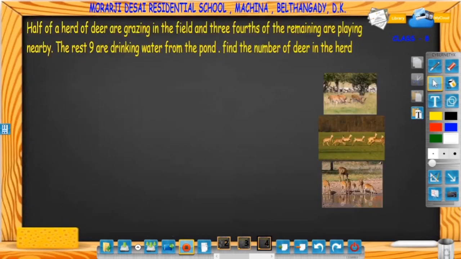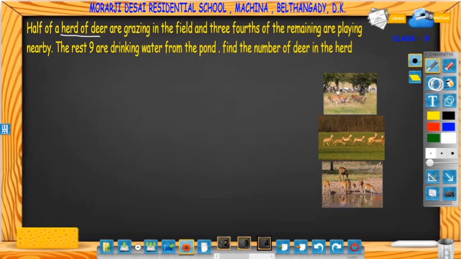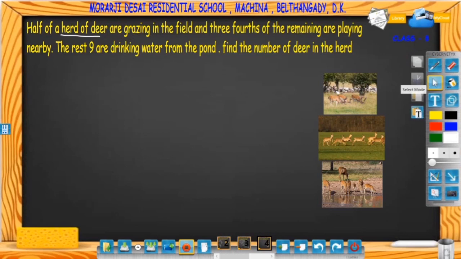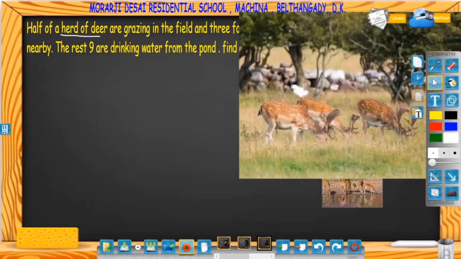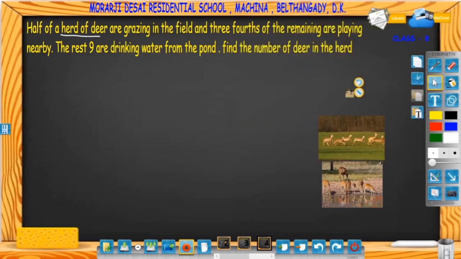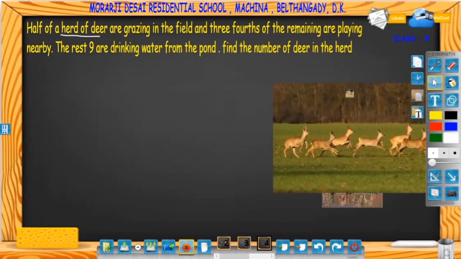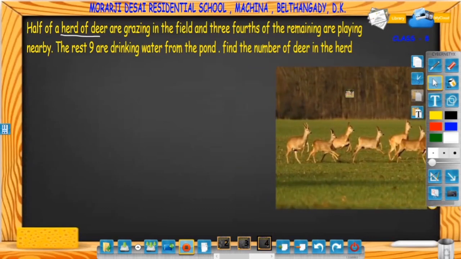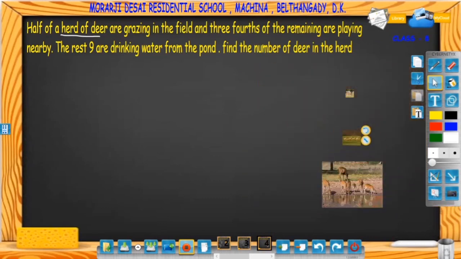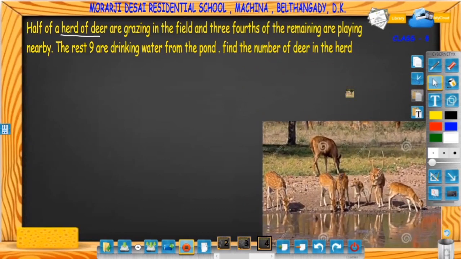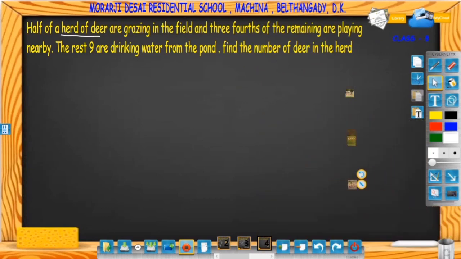Let us solve the next problem. See here, half of a herd of deer are grazing in the field and 3/4 of the remaining are playing nearby, and the rest 9 are drinking water from the pond.